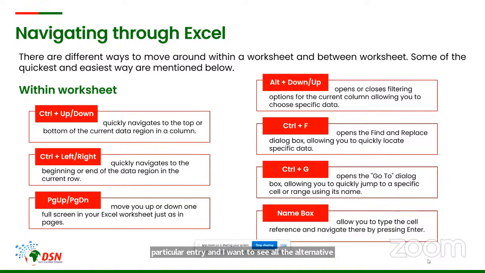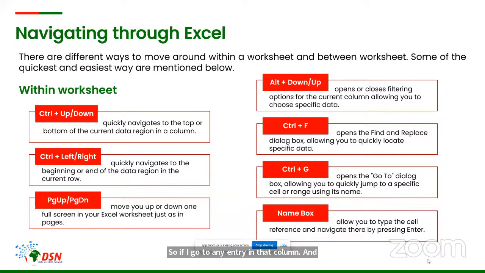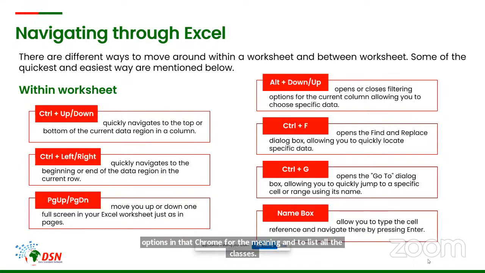Let's say I have a column that says class, and I have primary one, primary two, primary three, primary four. If I go to any entry in that column and do Alt down or Alt up, it will list all the alternative options in that column for me, meaning it will list all the classes in that column.